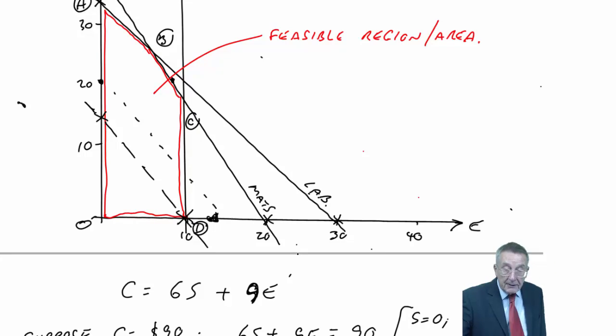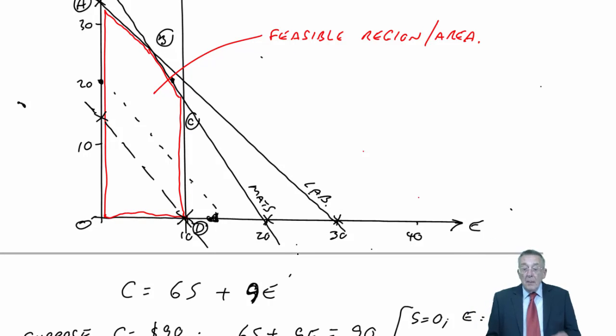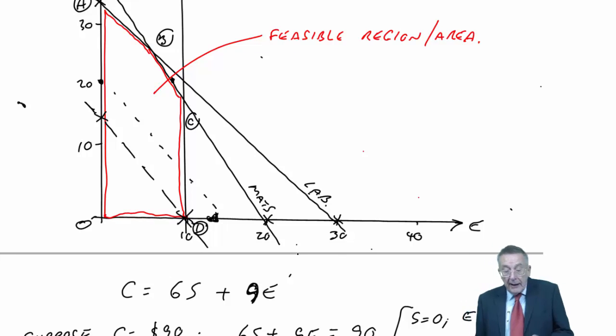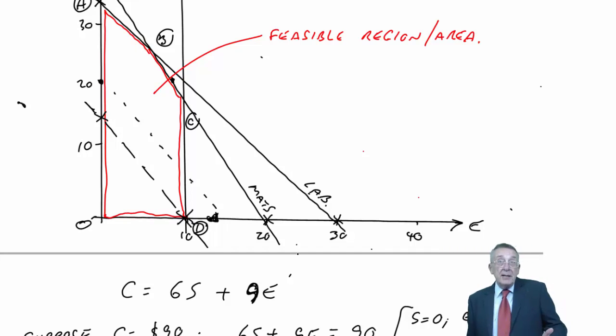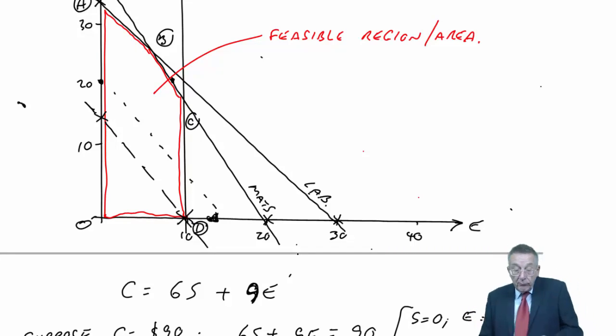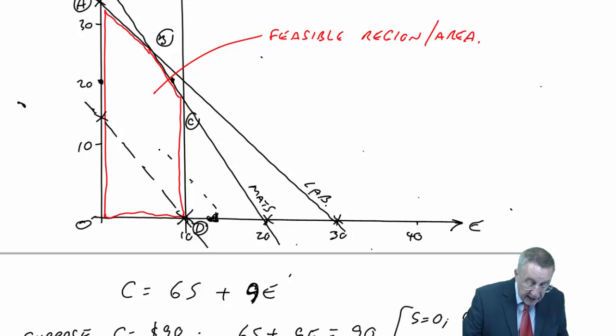There'd be a whole series of lines for different levels of contribution. But again, they'd all be parallel. And as you're about to see, all I need to finish this off is the angle of the line, the gradient. And so any contribution line would have done. I picked 90, fine. If instead I picked 120, it would be that second line. But it's only the angle, the slope, that's going to be relevant to me.